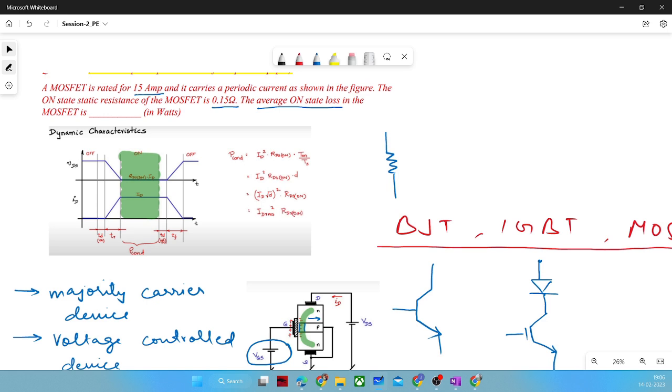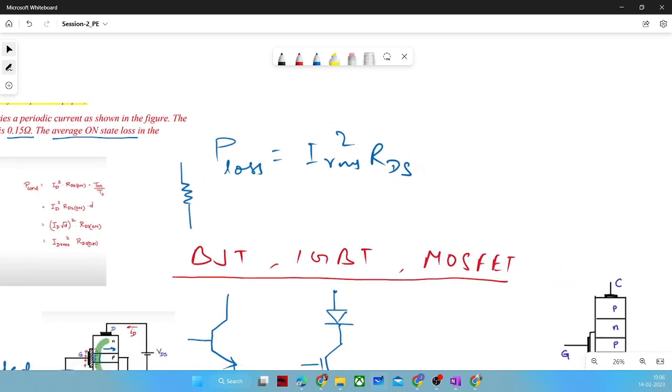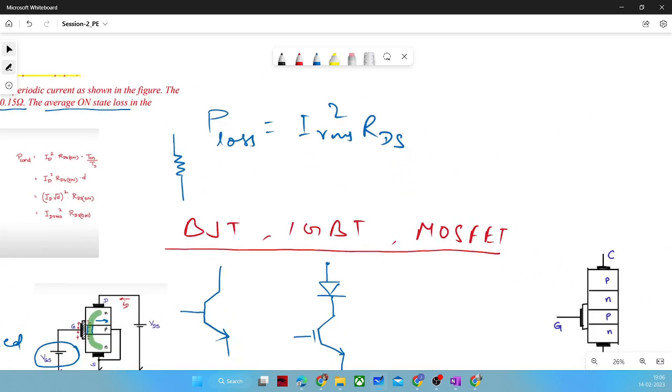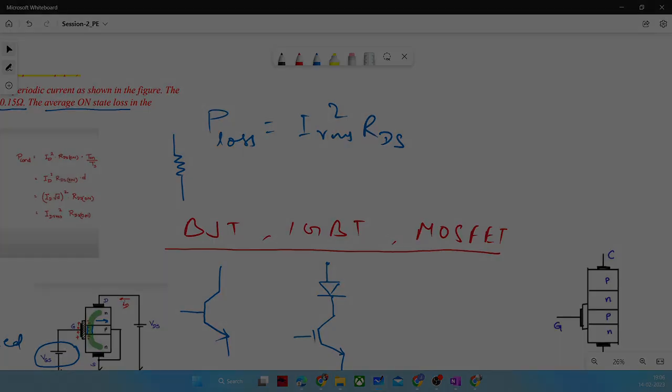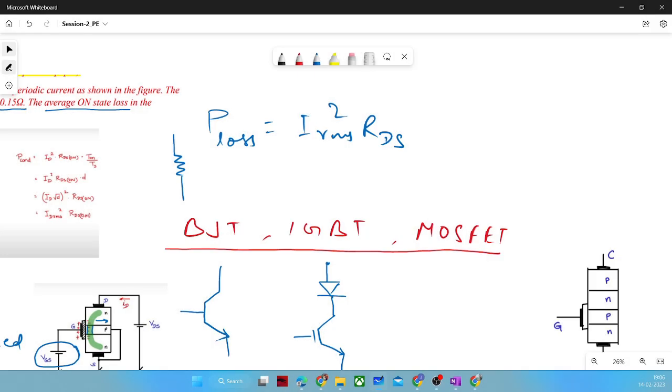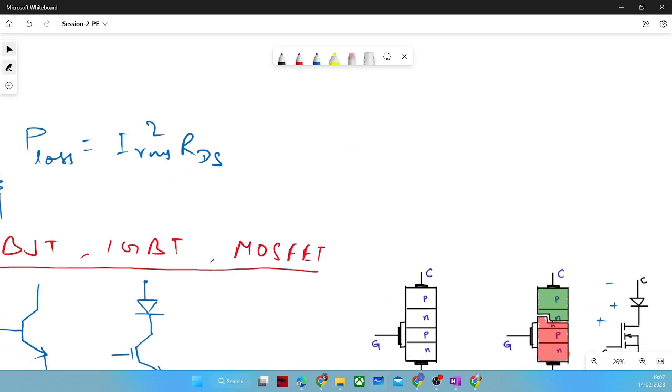Rated current is given in the problem, 15 ampere, and the on-state resistance is also given. If it is a resistor, power loss would be IRMS squared into RDS. Sorry, I forgot to give the graph of current so that you can compute the RMS current. I will bring that back.